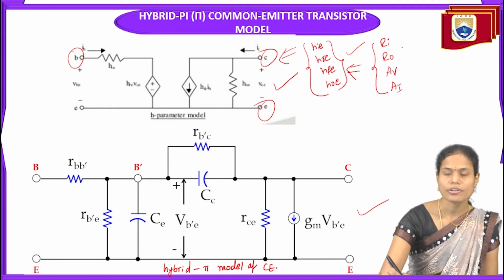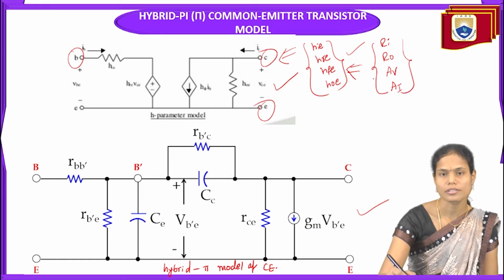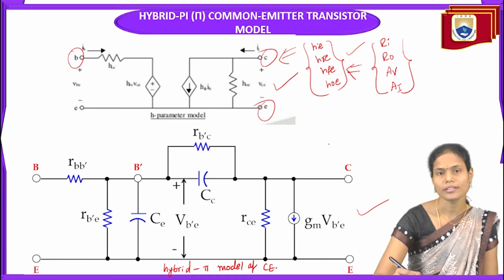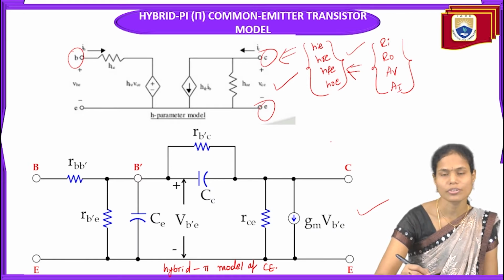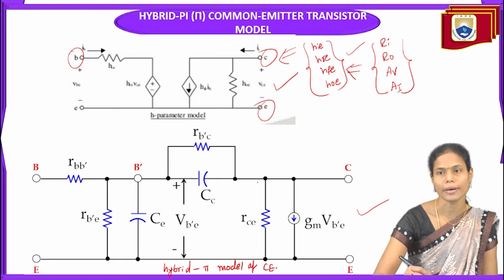As I have mentioned, all these parameter calculations are applicable for low frequency signals, and to get them for high frequency signals also, we are moving to the hybrid pi model.